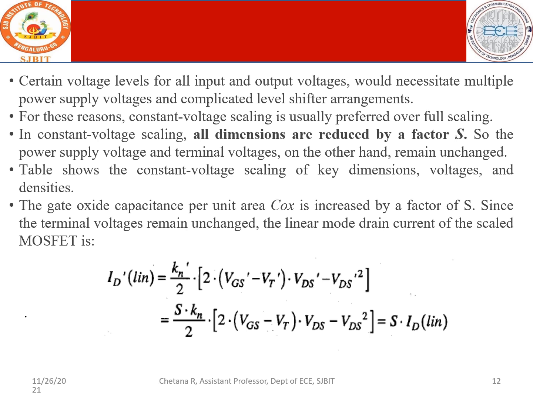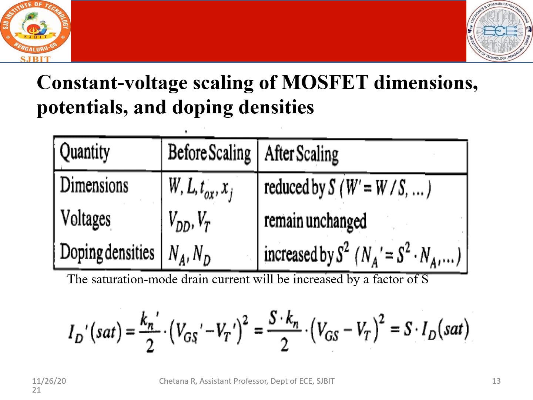Similarly, Cox is increased by a factor of S, therefore that is also used for scaling, and we'll go on seeing about it in the next slides. So these are the constant voltage scaling of MOSFET dimensions, potentials and doping densities.